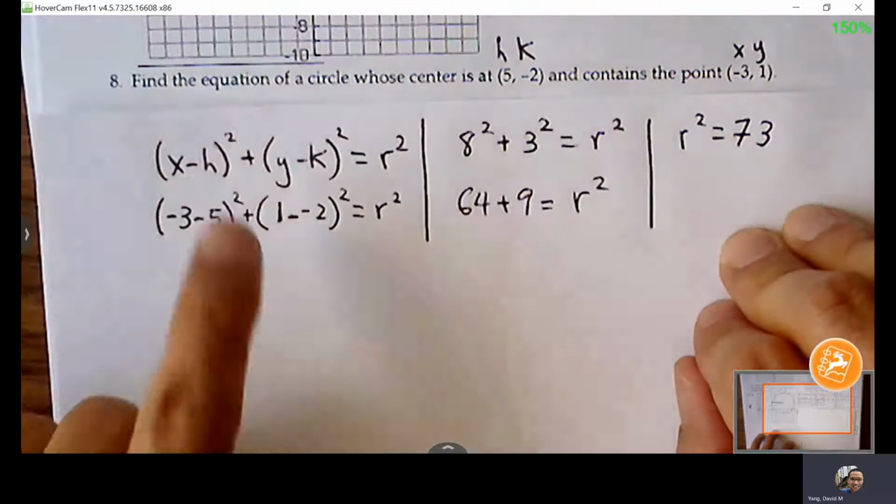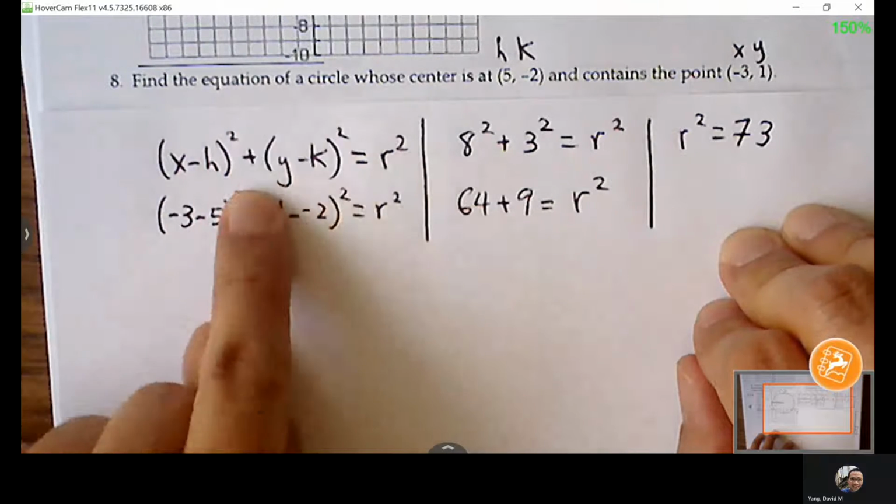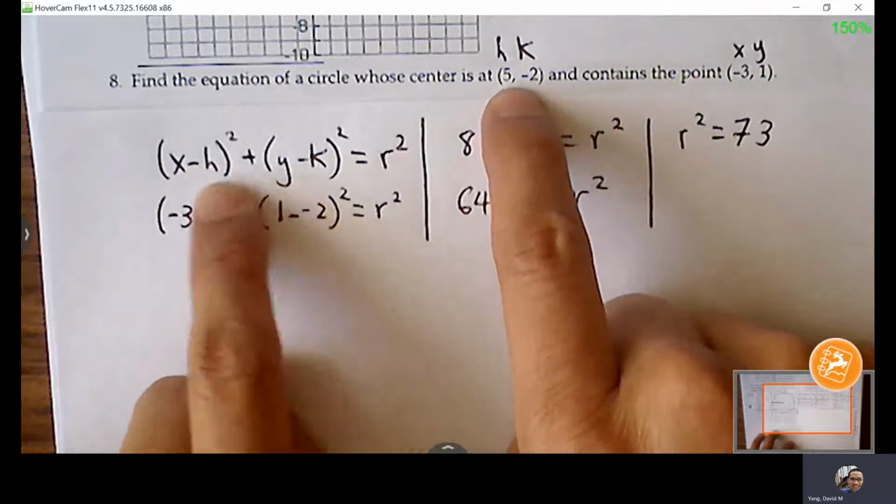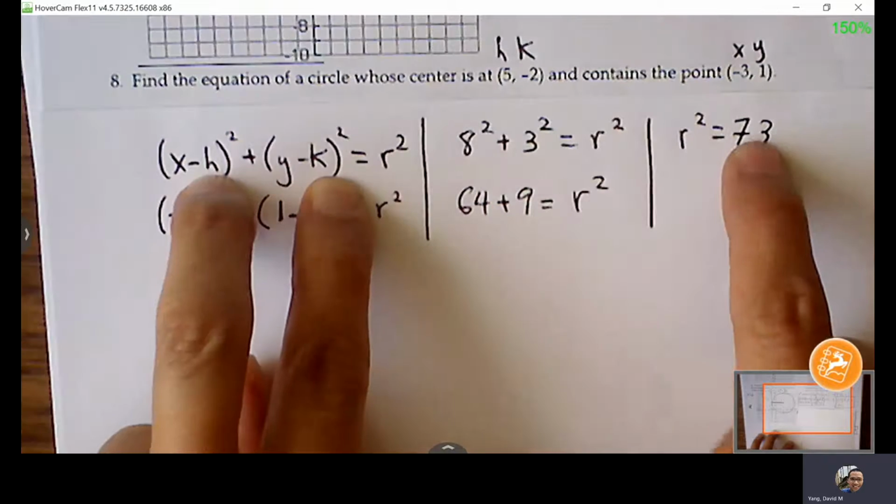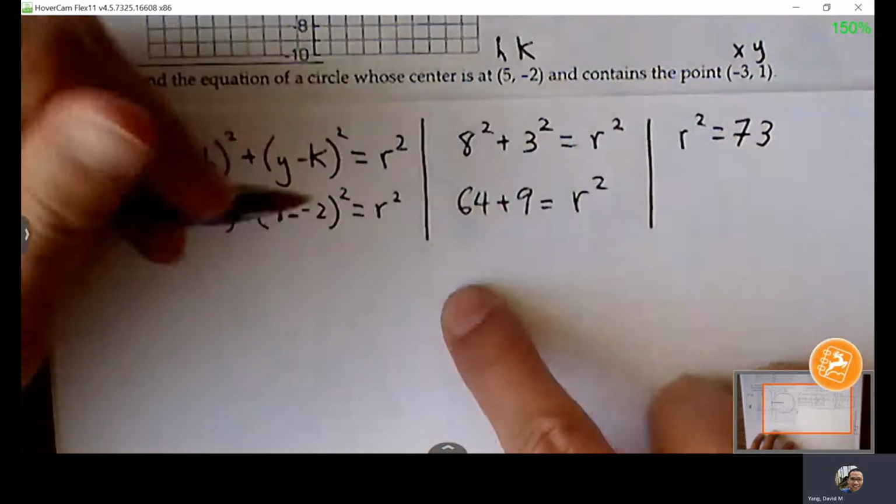Okay, it's only asking for the equation. So we'll reinsert h, k into the equation and then replace r squared with 73.